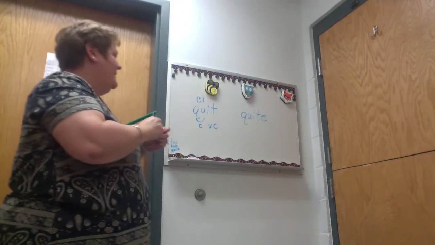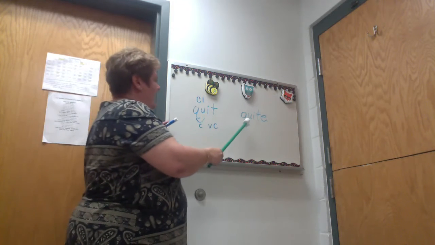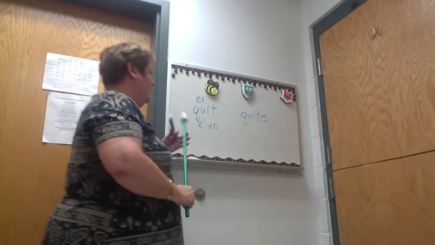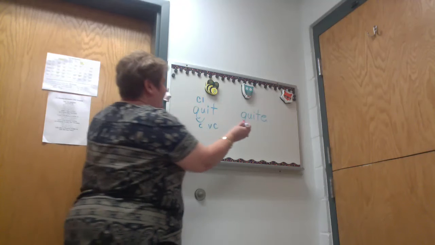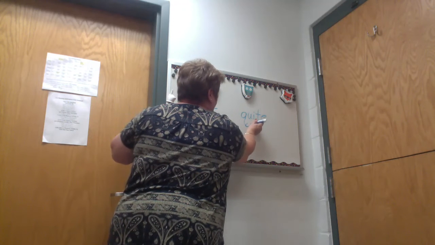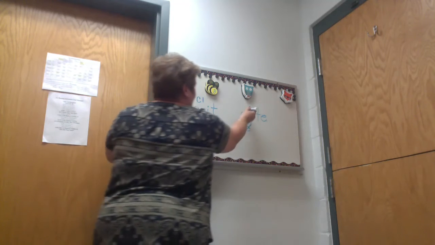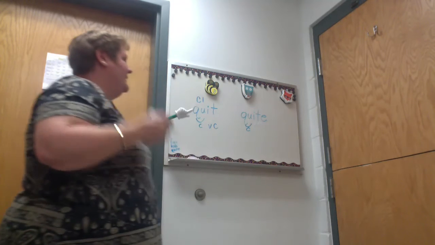Now let's look at the next one. The next word has a magic E at the end. We still have this digraph, the QU, we're going to call that consonant, but it's actually a digraph. And it says qua.